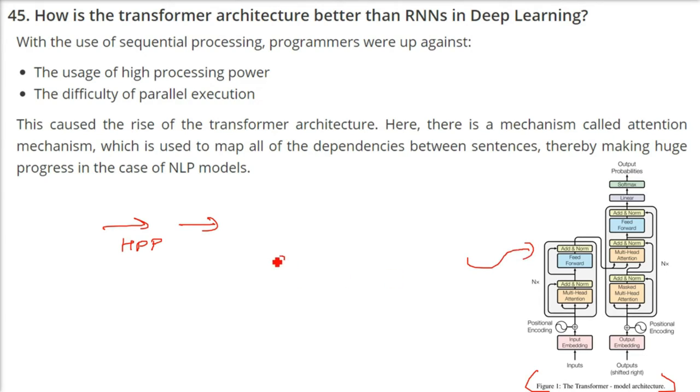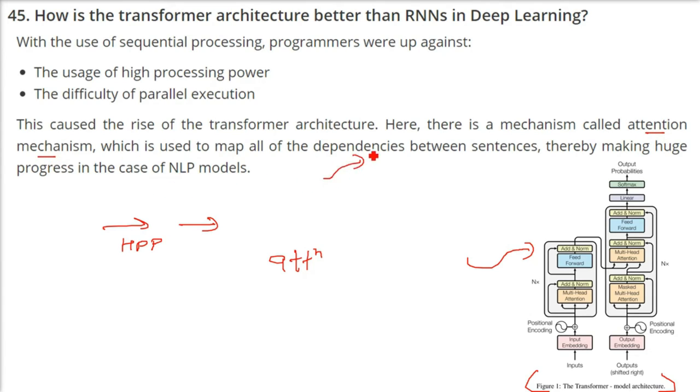There is a mechanism here called the attention mechanism, and this attention mechanism is used to map all the dependencies between these sentences. We are talking about RNNs, remember, thereby making huge progress in the case of NLP models. We cannot go into the detail of the attention mechanism because this is a question-answer session.